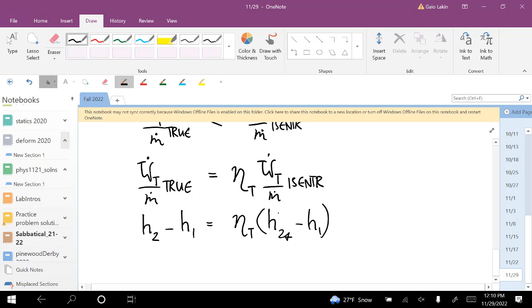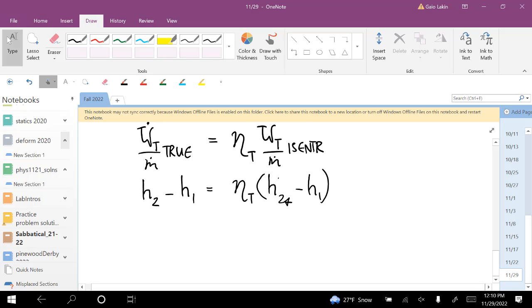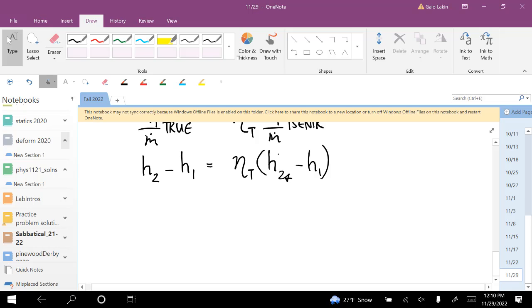And let me make sure I have those signs right. These should be reversed. So H1 minus H2 is equal to eta times the quantity H1 minus H2S.